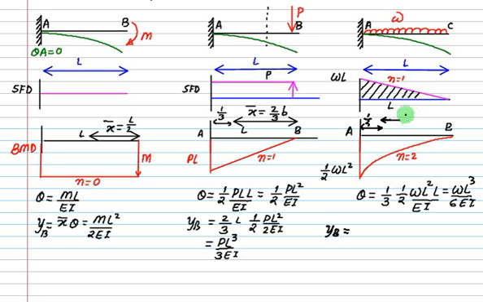B. Is it 3 by 4 times L? So X bar is 3 by 4 times L multiplied by the area, WL cube divided by 6 EI. So it is equal to WL to the power 4 by 8 times EI. So the numbers are 2, 3, 8.